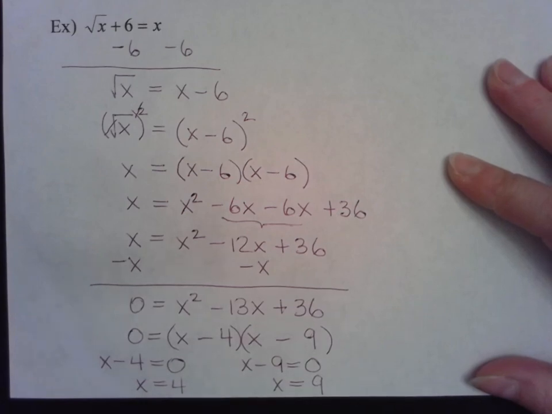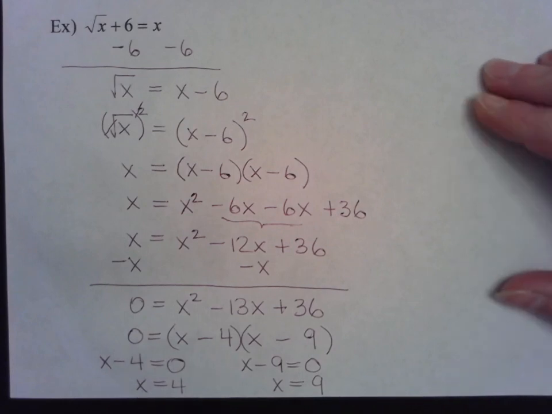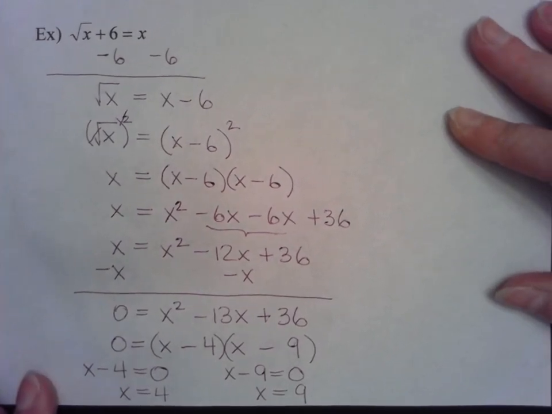And now, just like all the others, I want to check each of these to make sure that they work. It's an individual check. So I check 4, see if it works, and then separately I check 9, see if it works. Okay, and I'm going to go all the way back to the top.